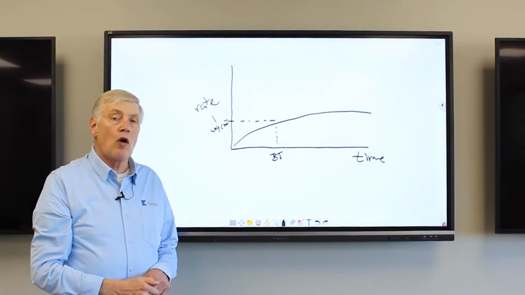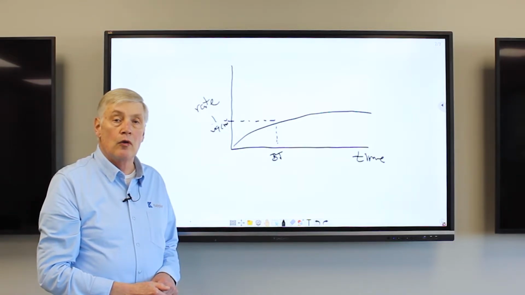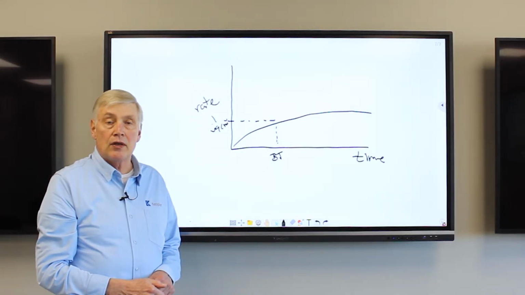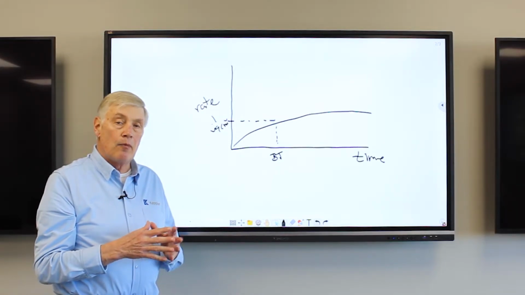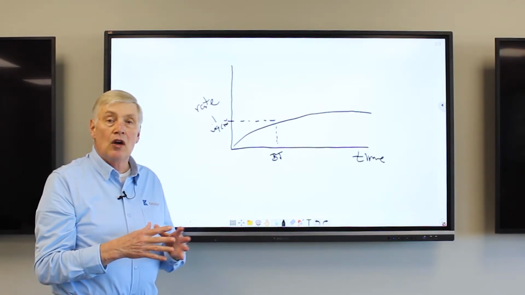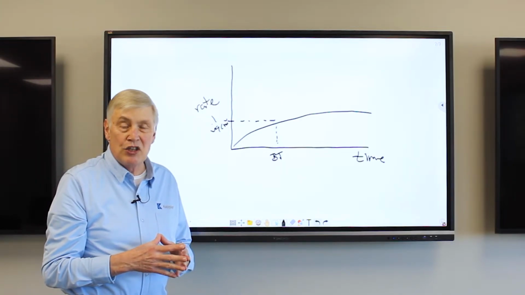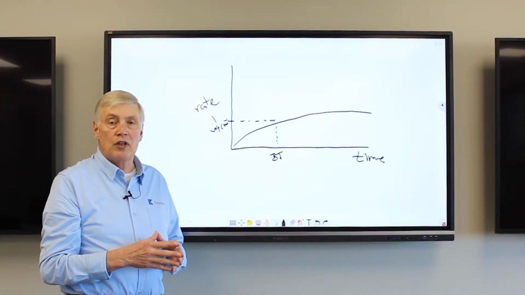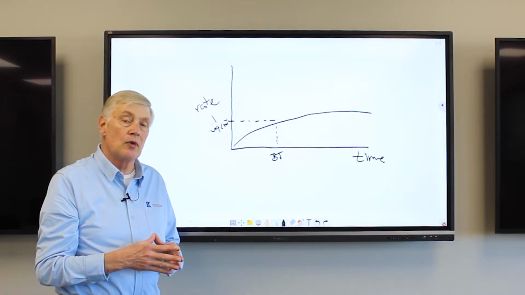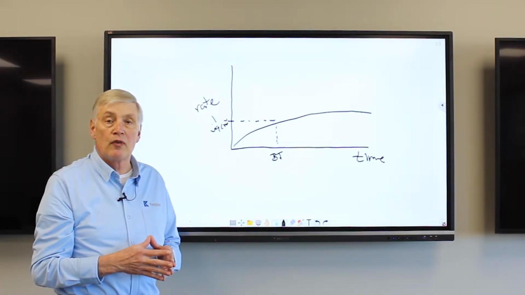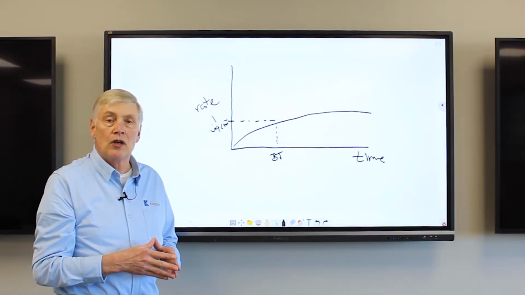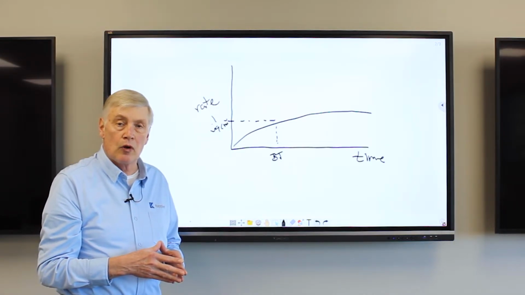And so we started reporting breakthrough based on the rate reaching that value. And what that did is that brought consistency or normalization across different testing houses and system detection limits. And that's why that approach was referred to as normalized breakthrough.